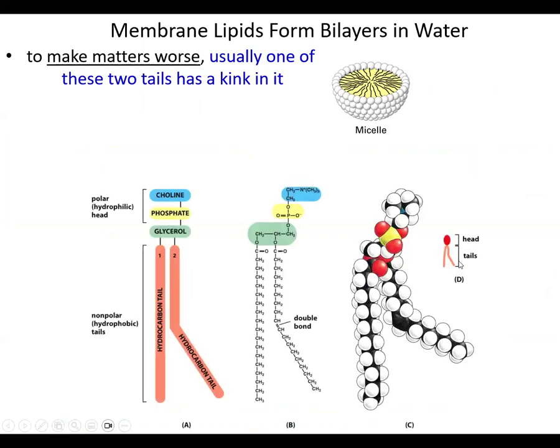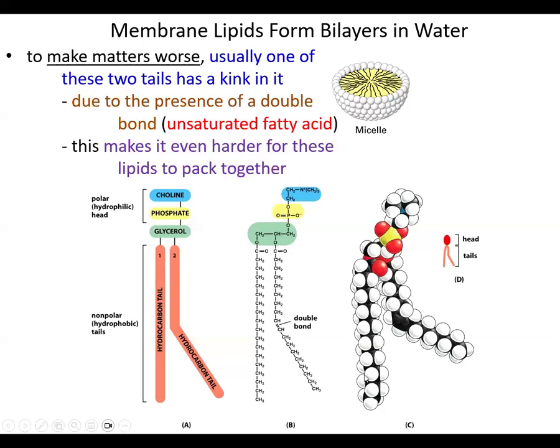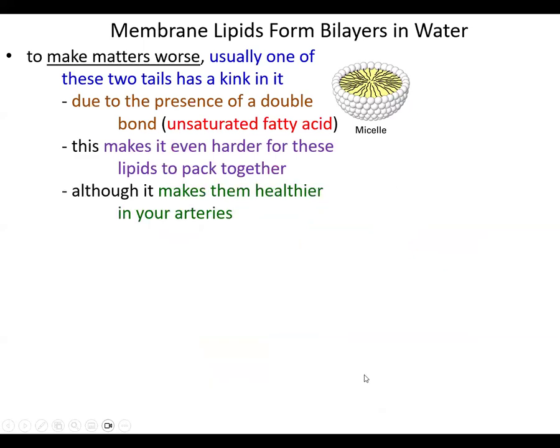Once you've got long hydrophobic tails, you've got two of them, or you've got a kink in them. A kink, as a reminder from our early lecture, due to the unsaturated double bond that's somewhere in that hydrocarbon chain. Once you've got these properties, you're no longer going to fit in the center of a micelle. And so micelles can no longer form.